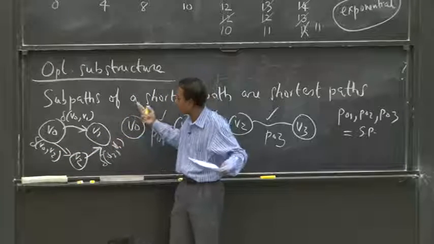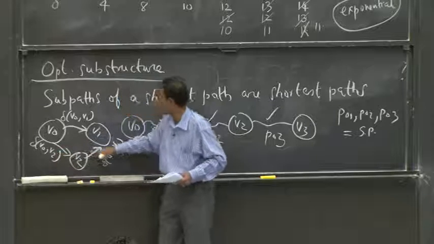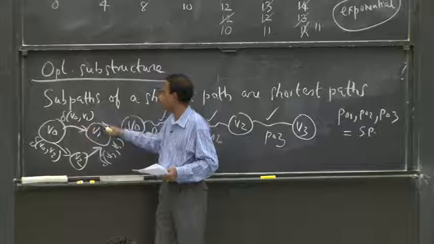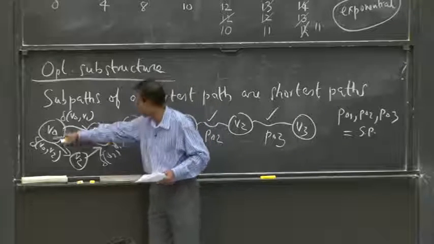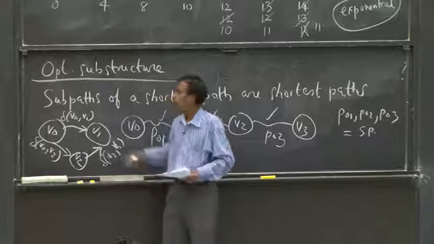Okay? And that again makes sense because if this plus this were smaller than that, well, remember I'm talking about paths here, not edges. And the better way of getting to V1 would be to go through V2 rather than following this path up on top.